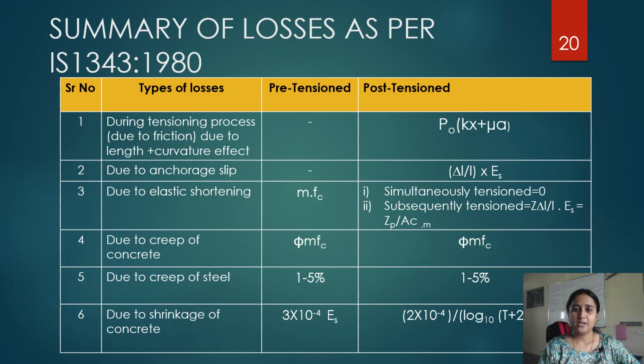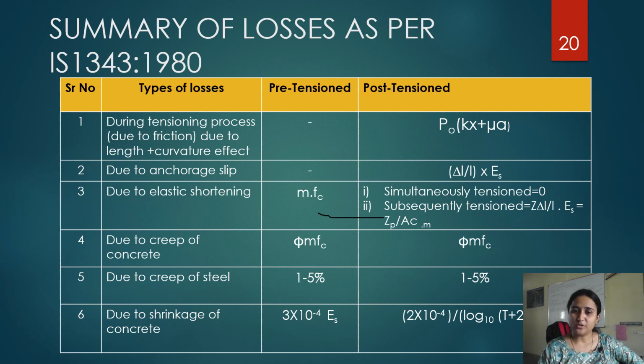Then loss due to elastic shortening is present in both, given as m into fc. Here there are two conditions: if the tendons are simultaneously tensioned, and if the tendons are subsequently tensioned. According to that we calculate the elastic shortening loss.